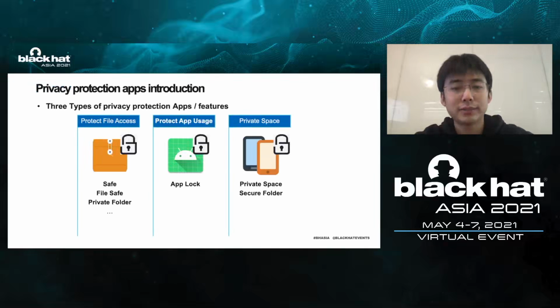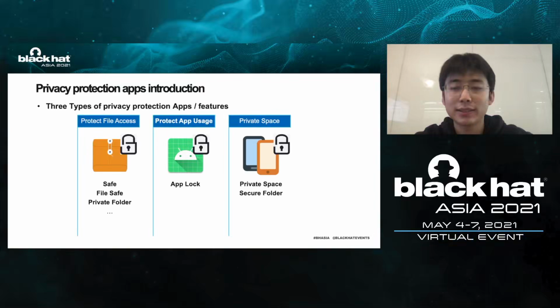Let's begin. We all want to keep our privacy and our secrets hidden and safe. So nearly all top vendors develop and provide us some privacy protection apps, such as Secure Folder, Private Space, Safe, AppLock, etc. They can be categorized into three types.